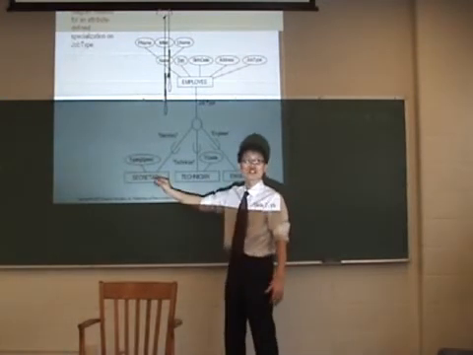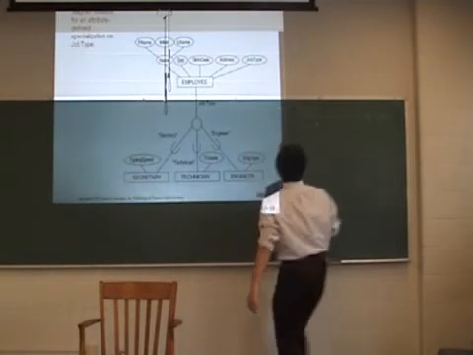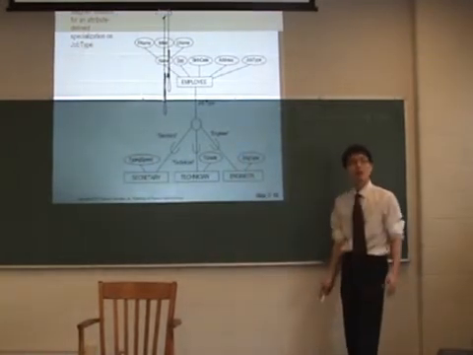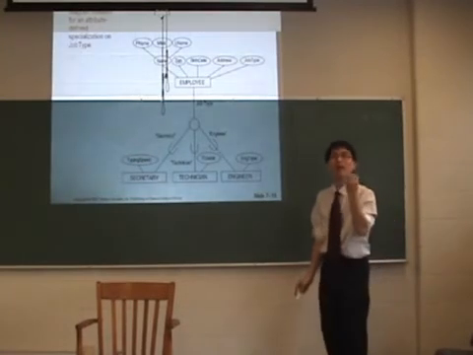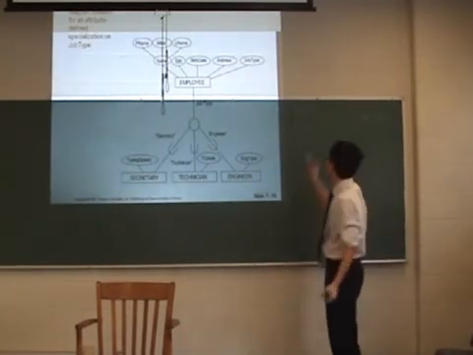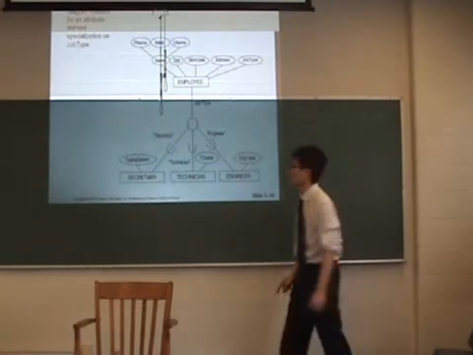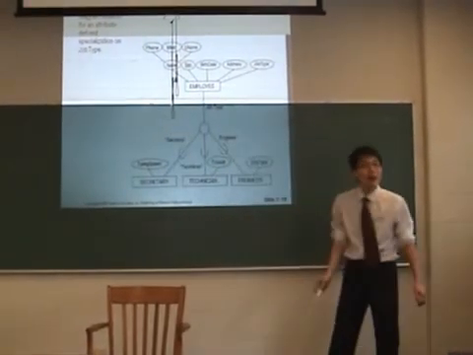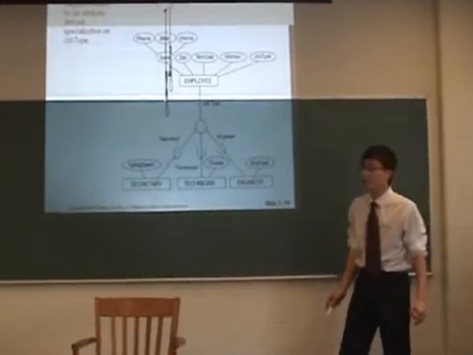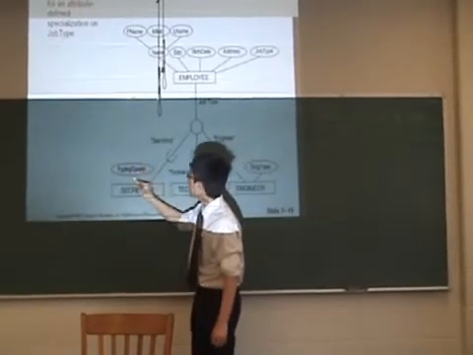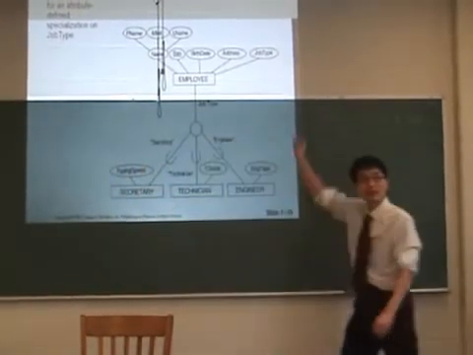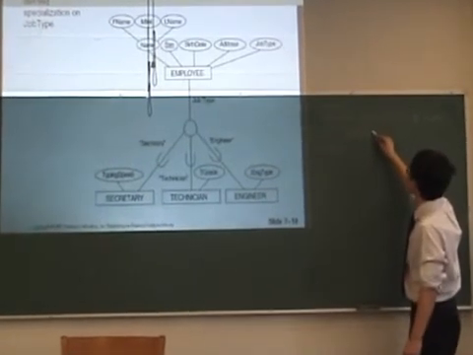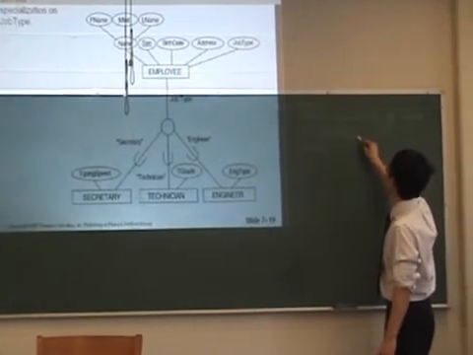What is the key? SSN. So we can use SSN. Why? Because each relation must have one primary key. So that is the primary key. The other attributes, actually we don't need, they can be found. However, typing speed is not in the superclass, so we need typing speed.